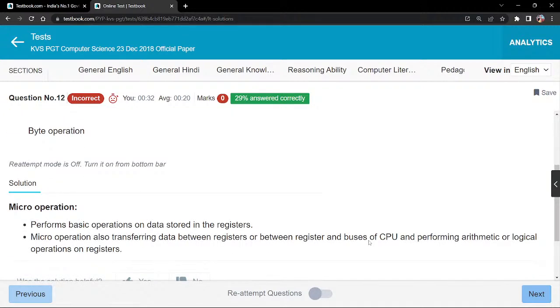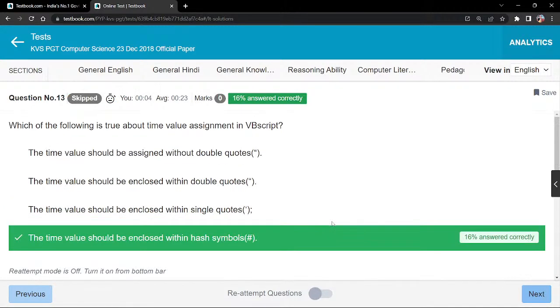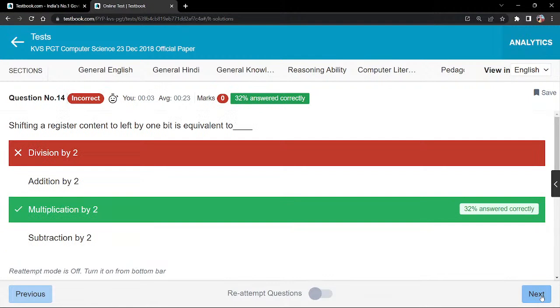So a micro operation is performed by transferring data between registers.